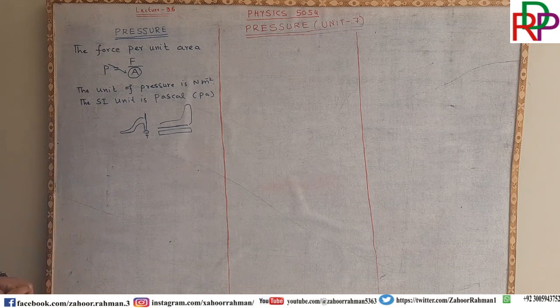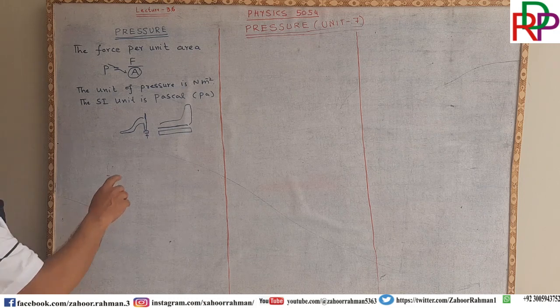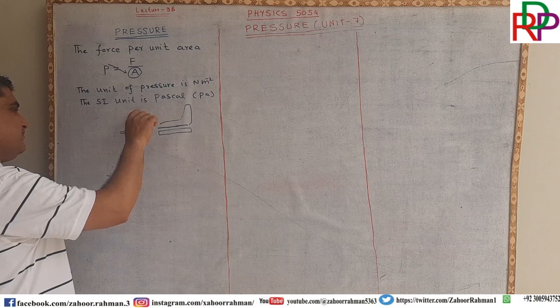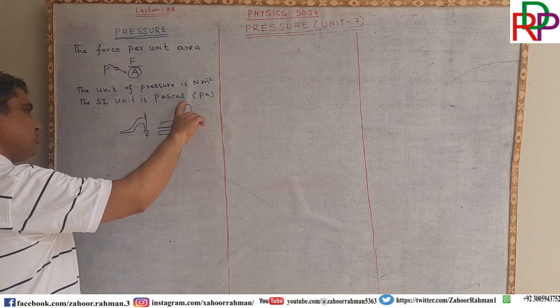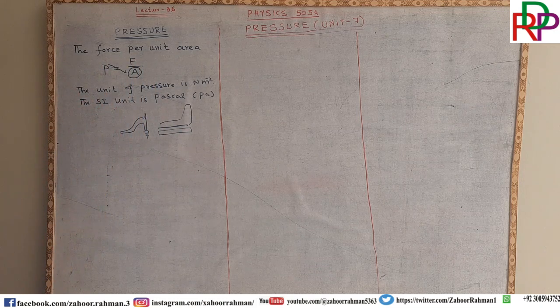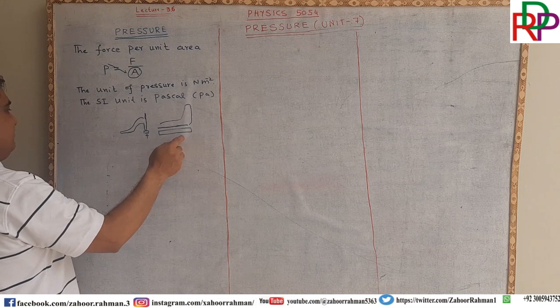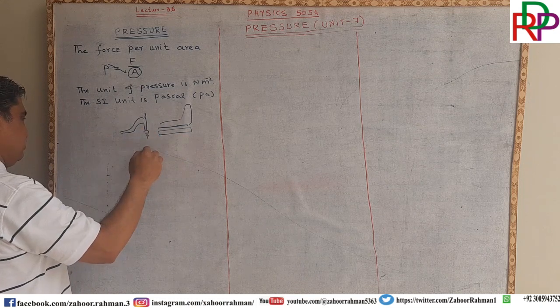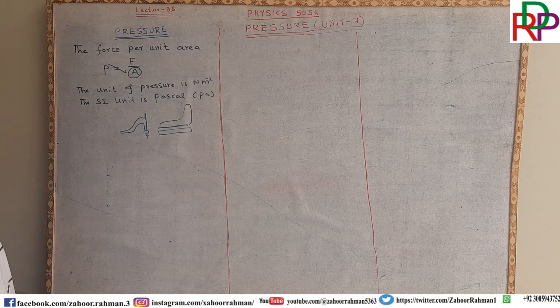So you have to understand that pressure is equal to force per unit area. This stiletto shoes and flat sole shoes are exerting the same force because the weight of the lady is the same in both cases, but area is different. So this will sink down more and this will sink down less.